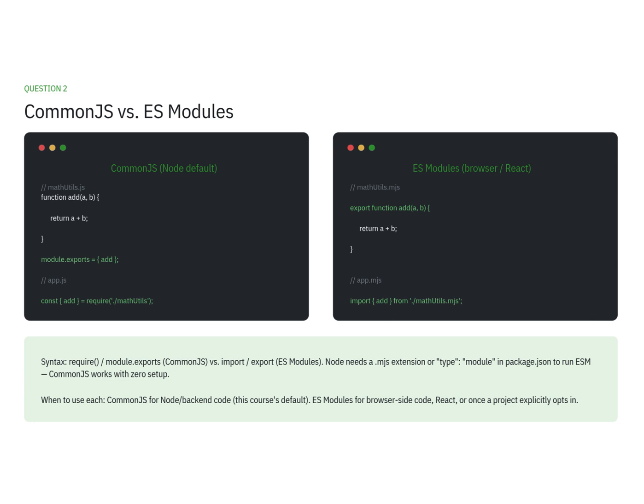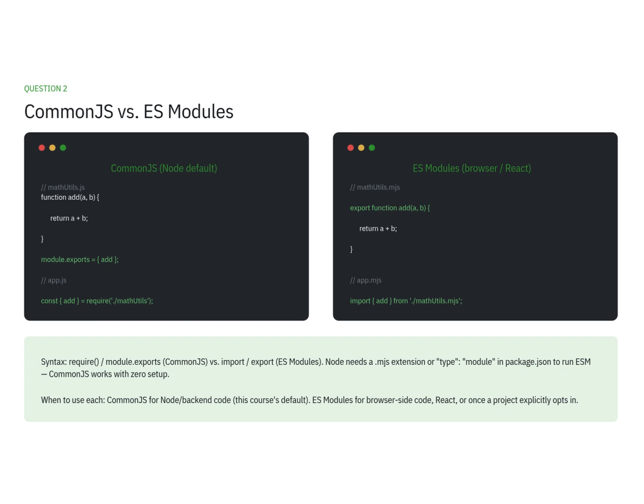Now, CommonJS versus ES modules. CommonJS is Node's default. You can export with module.exports and import with require(). In ES modules, you use import and export instead.